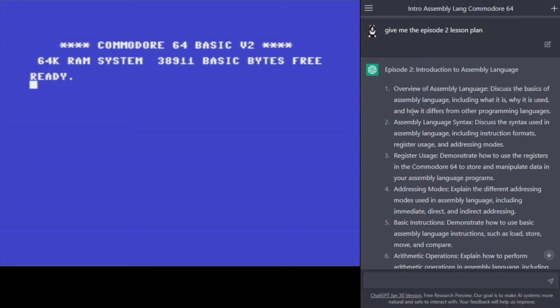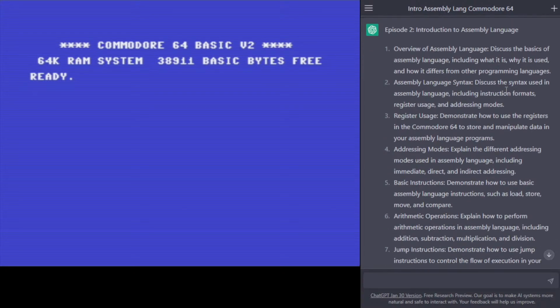It seems like we already covered the overview of assembly language. Okay, the syntax might be a good idea.